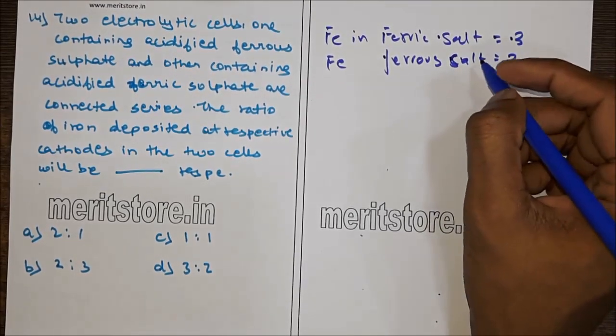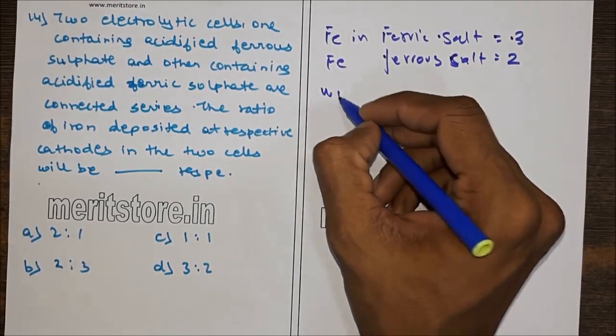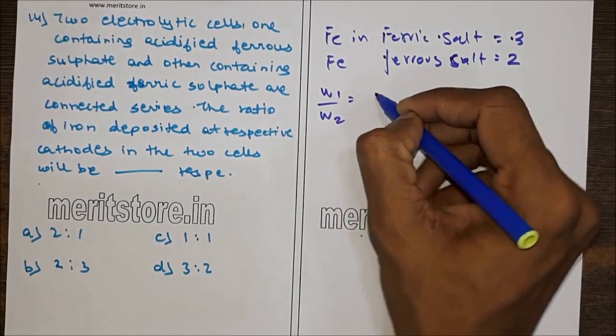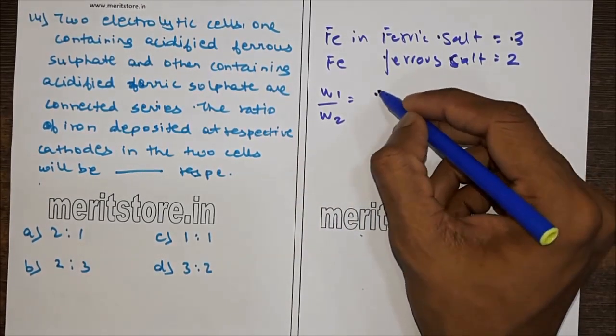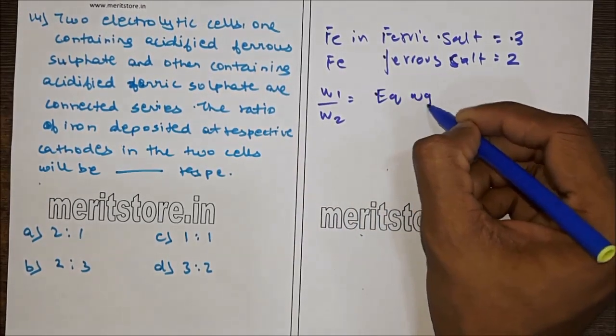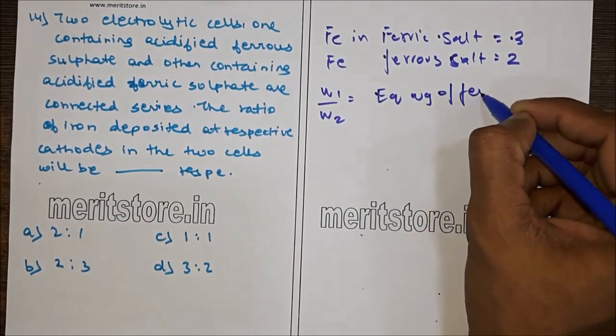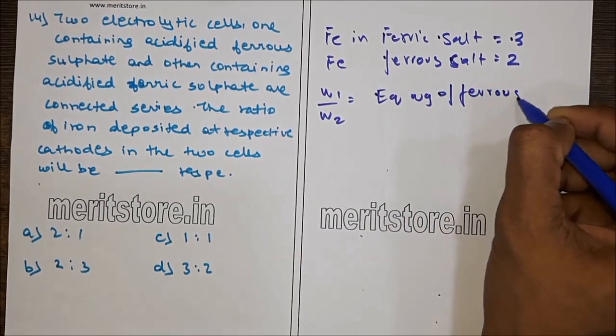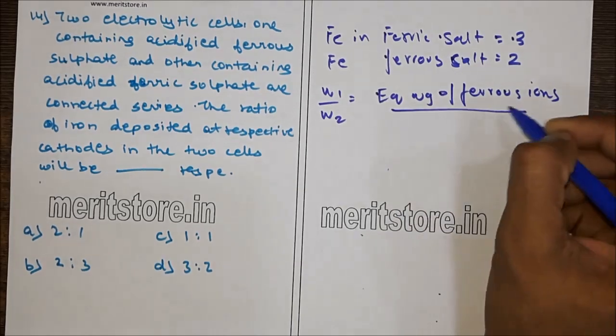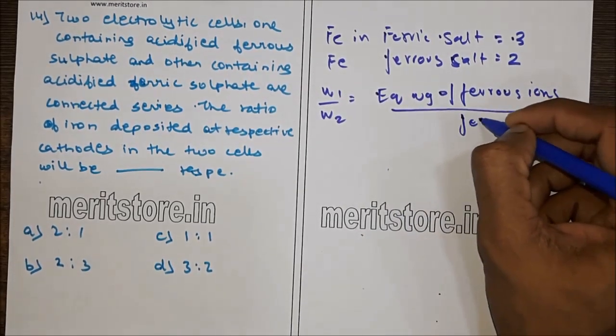So according to Faraday's second law, W1 upon W2 is equal to equivalent weight of ferrous ions upon equivalent weight of ferric ions.